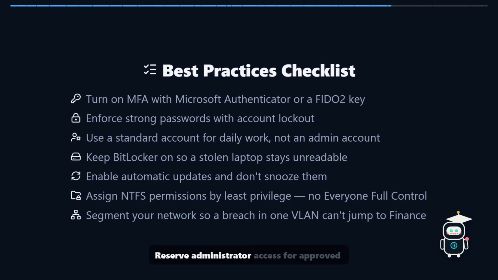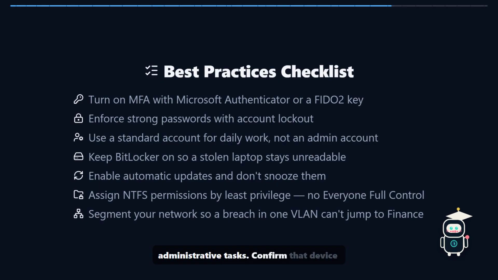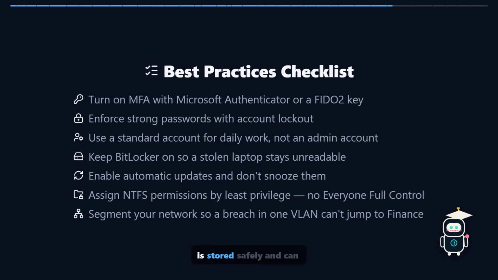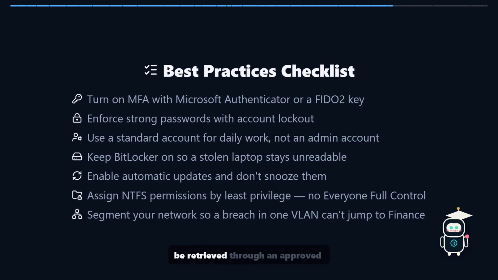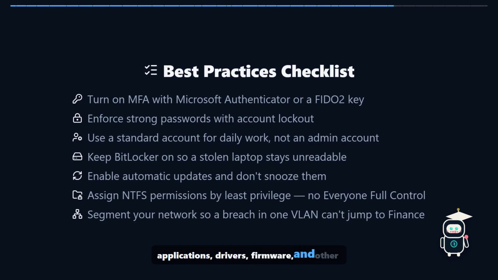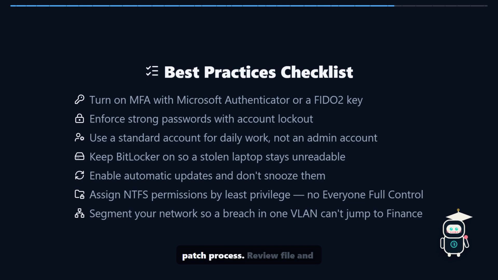Reserve administrator access for approved administrative tasks. Confirm that device encryption is enabled where supported, and verify that recovery information is stored safely and can be retrieved through an approved process. Keep Windows, browsers, Office applications, drivers, firmware, and other software updated through a risk-based patch process.